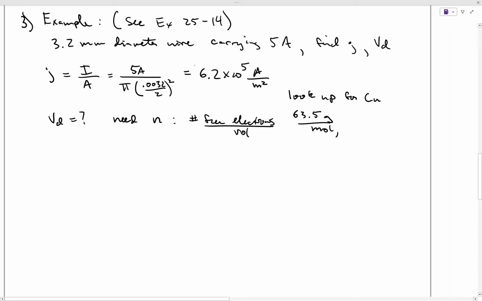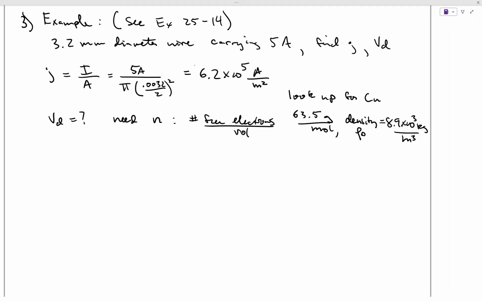And you can find its density, rho d, let's call it. The density is 8.9 times 10 to the third kilograms per meter cubed.